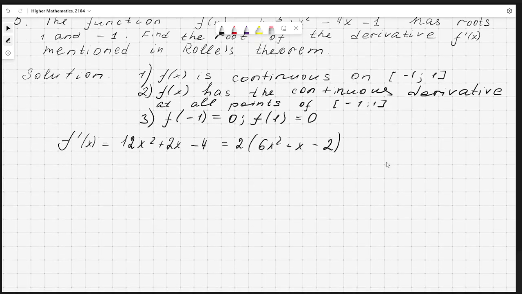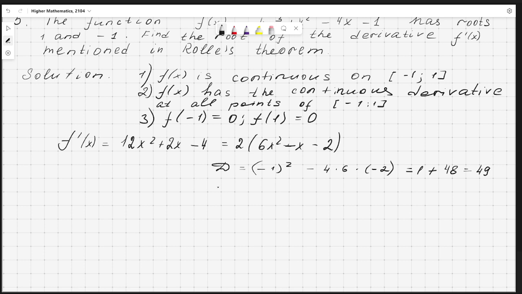Discriminant of this expression equals minus 1 squared minus 4 times 6 times minus 2. It means 1 plus 48. It means 49.